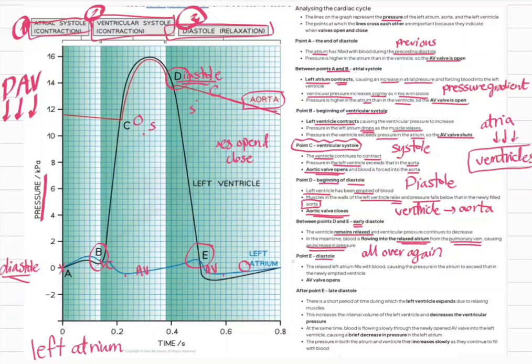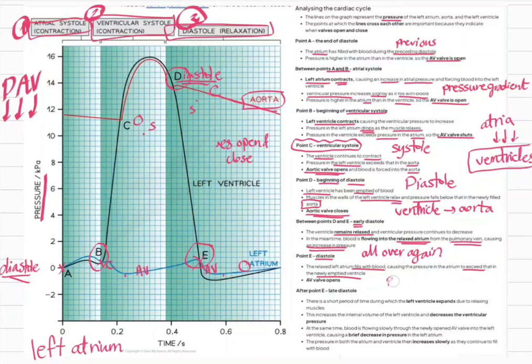And at point E, we're still in diastole when the left atrium curve is going to intersect with the left ventricle curve. This means what? That in the diastole, the relaxed left atrium is going to fill with blood, causing the pressure in the atrium to exceed that in the newly emptied ventricle.